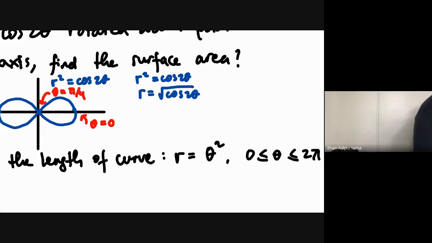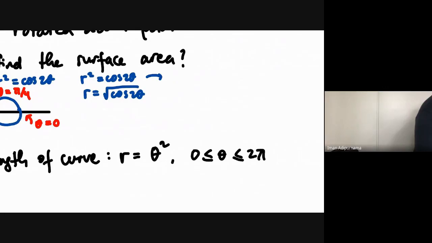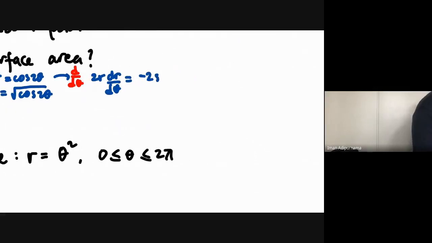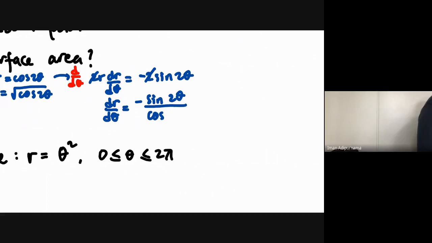But to find it, we need to differentiate, so 2r dr over d theta equals minus 2 sine 2 theta. And dr over d theta is minus sine 2 theta over r. r is cos 2 theta. Oh, squared, sorry.